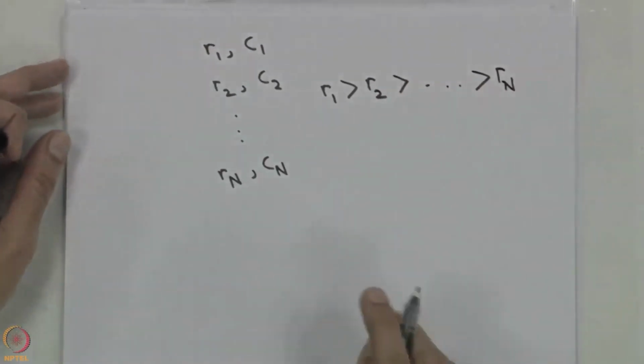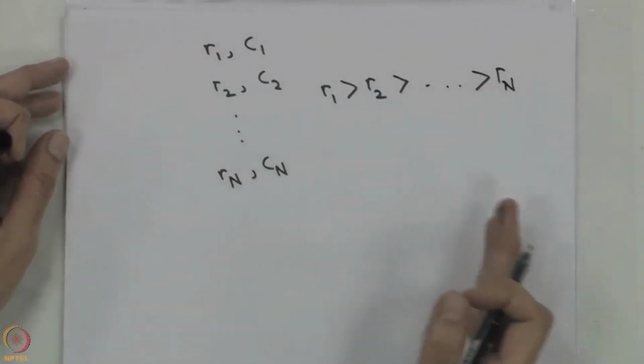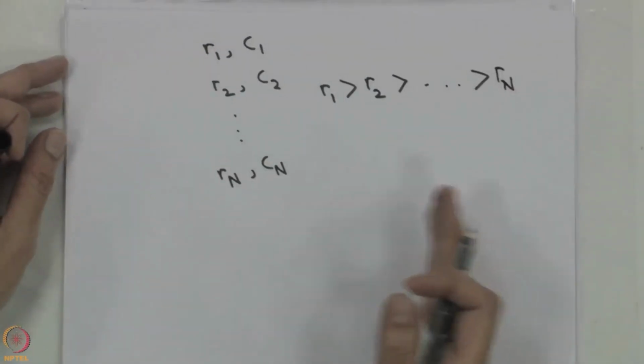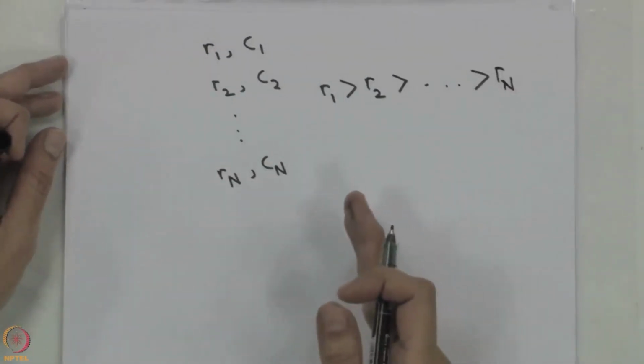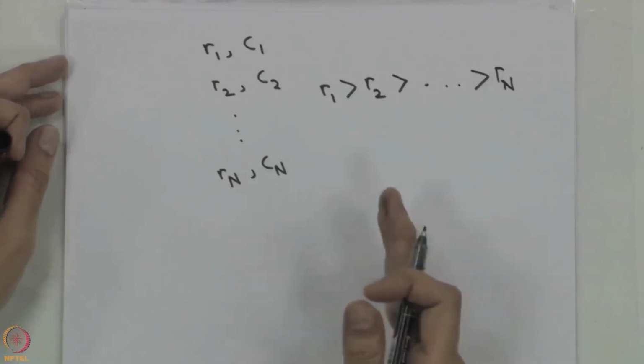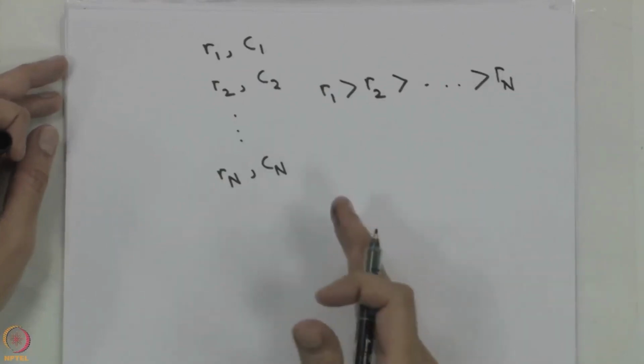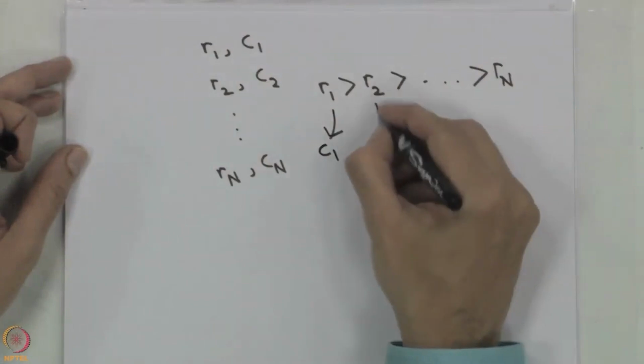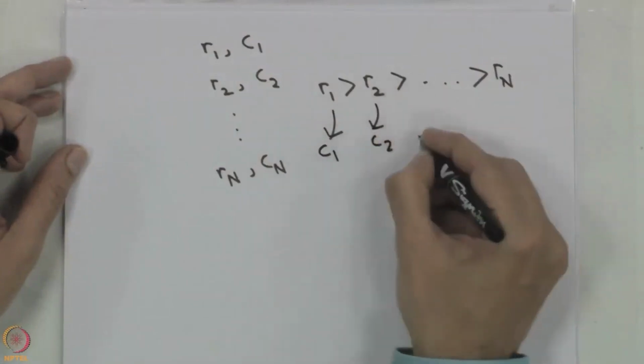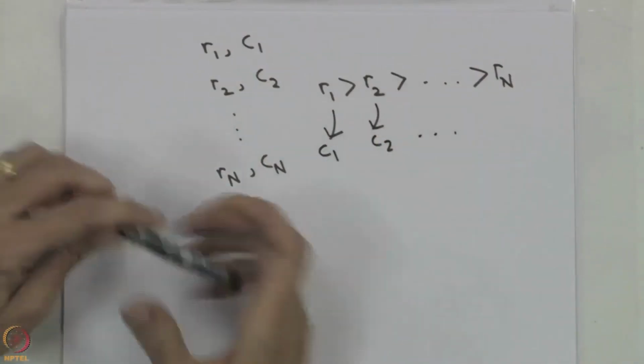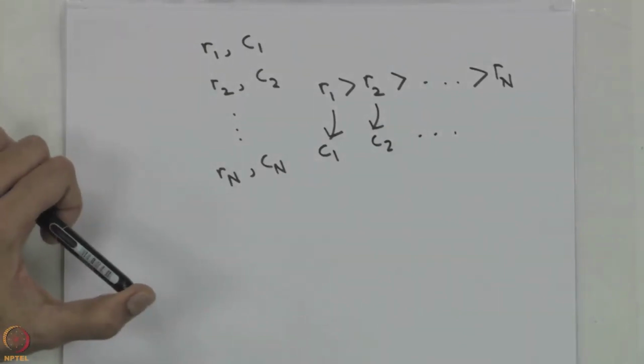So, the idea is that we arrange these projects in terms of the return that we are getting. We will first invest in the project which gives the highest rate of return. In that process, we will use up C1, then we will use up C2, and we can keep on doing this till our entire budget gets used up.